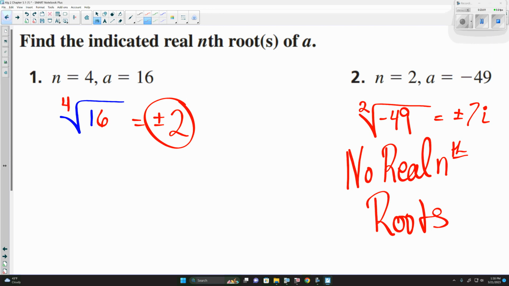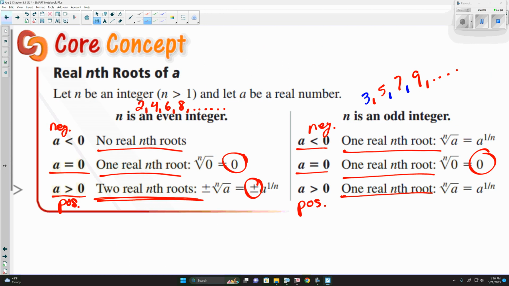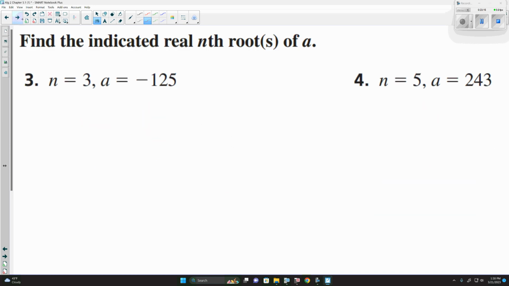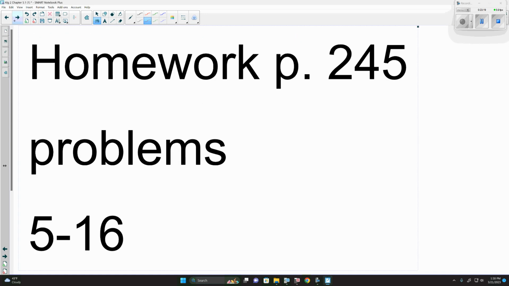And I'm going to go back 2 slides. Because if we take an even root of a negative number, there are no real nth roots. Because we can't take the even root of a negative number. Questions on this here? And that is it.